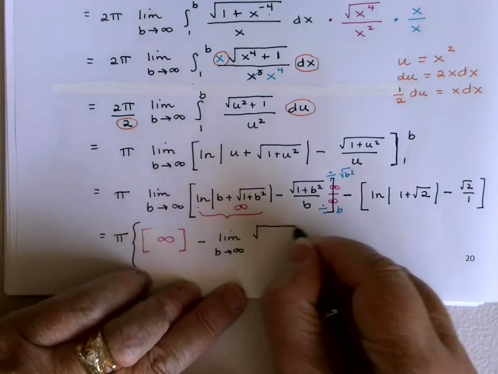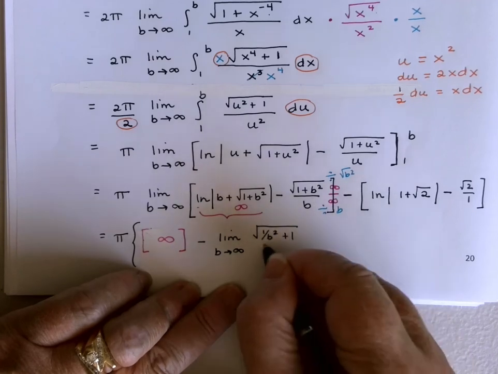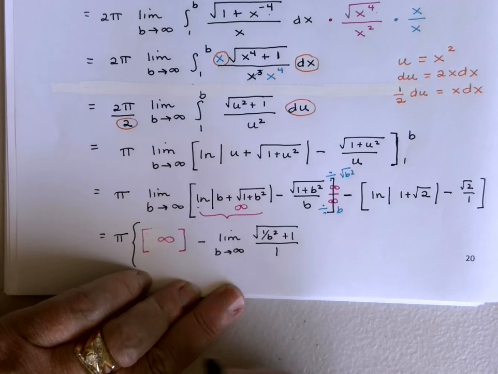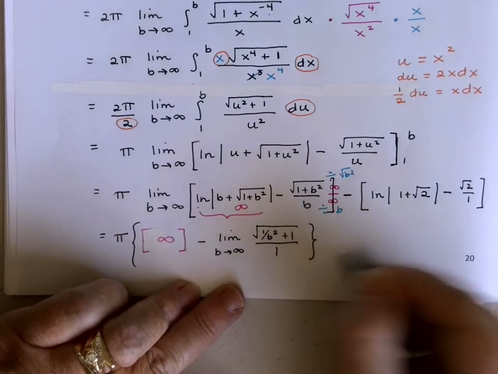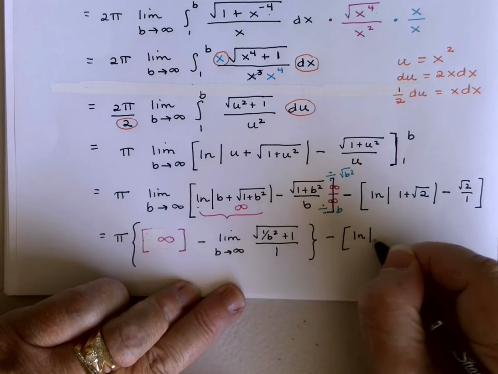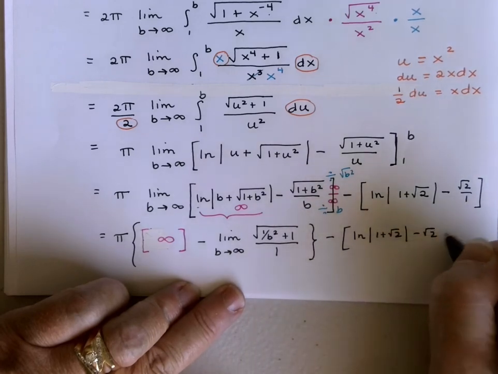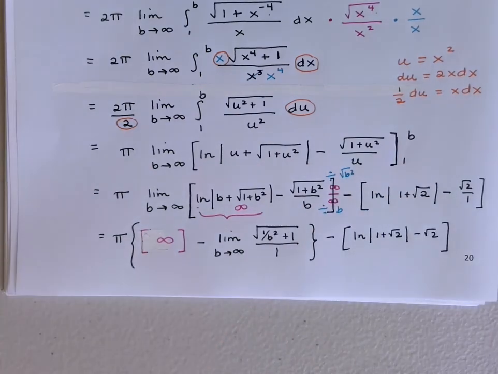That would become the square root of 1 over b squared plus 1, over 1, minus all of this, like so.